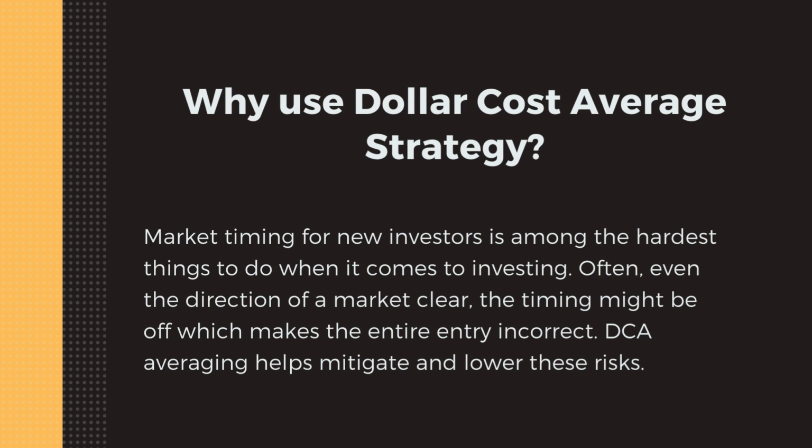Often, even if the direction of market is clear, the timing might be off, which makes for new investors the entire entry incorrect. Dollar cost average strategy is all about averaging that helps mitigate and lower these risks.